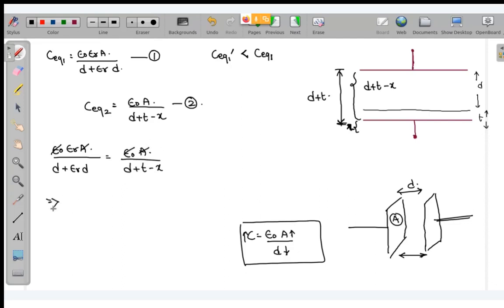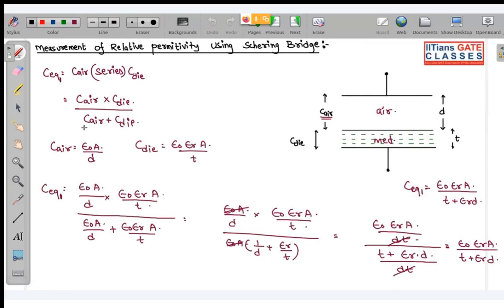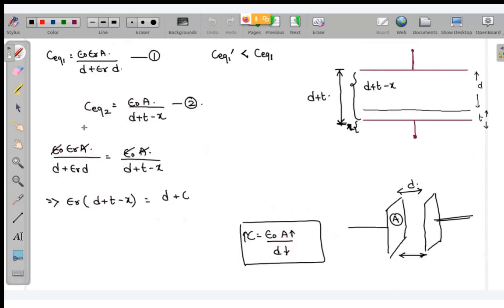So what we get over here is epsilon r times D plus T minus X is equal to D plus, okay, I can take D common.